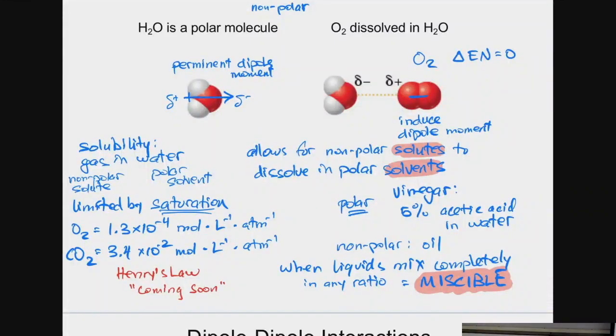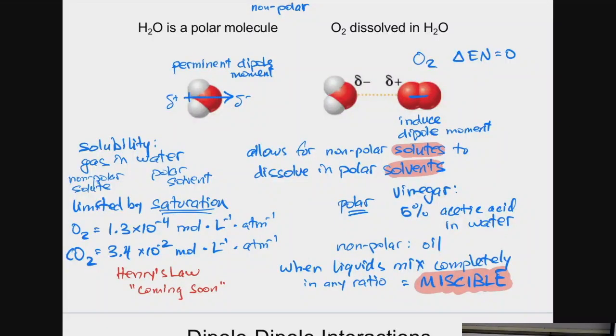Why? What's going on? What's different about CO2 and O2 that would explain why we can get more carbon dioxide dissolved in water? Give it a shot. CO2 is larger. You've got one carbon and two oxygens, whereas in molecular oxygen, all you have is two oxygens.